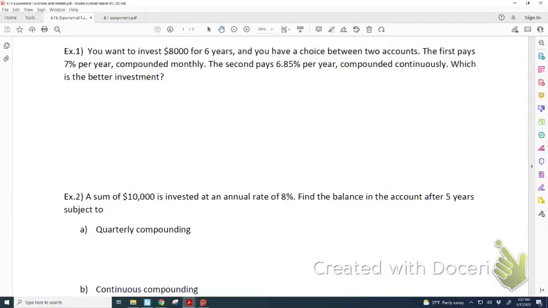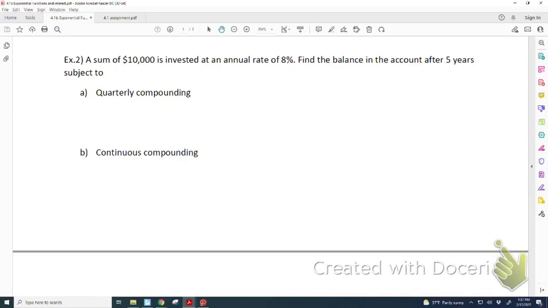All right, back to the problems. Let's try 2 more problems. On number 2, now we have $10,000 to invest. That's P. R is 8%, so we'll use 0.08. T is 5. For the first account, we're going to do this 4 times a year because it says quarterly.